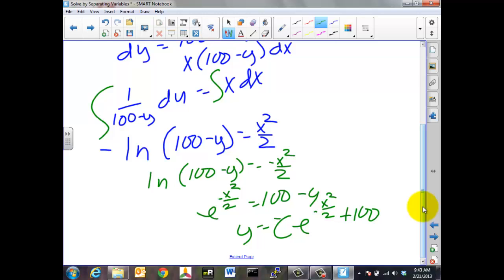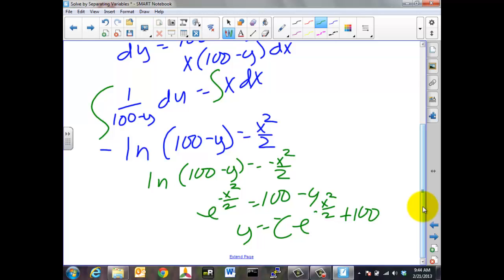Why is it plus 100? All right. I moved this over here, so it's a negative in front of the e to the x squared. Are you with us to here? Then we divided both sides by negative, so the x squared over 2 became negative.